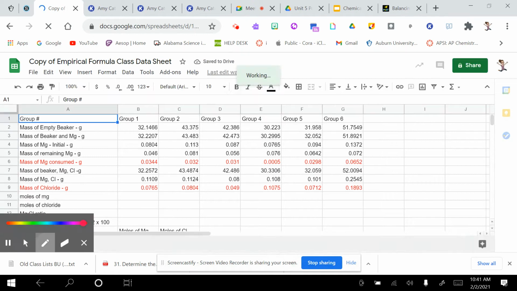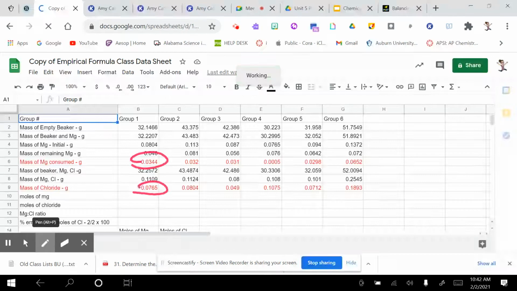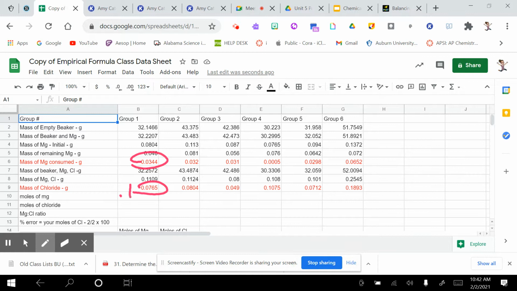So basically what you're going to do is you're going to take these grams that you have here in red, and you're going to change them to moles, just like we did at the very beginning of class. We're going to go grams to moles, okay? And those are the numbers you're going to put in here where it says moles. I'm just going to make up something. So if we say the first one is 0.1 and the second one is 0.2, then you're going to get the ratio.